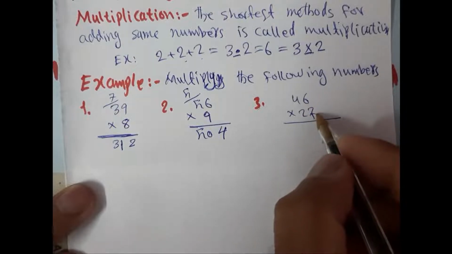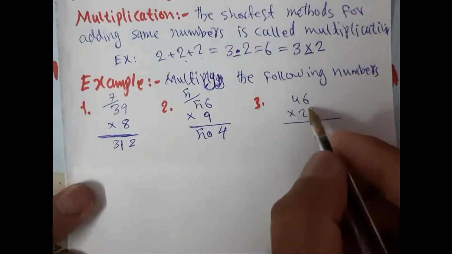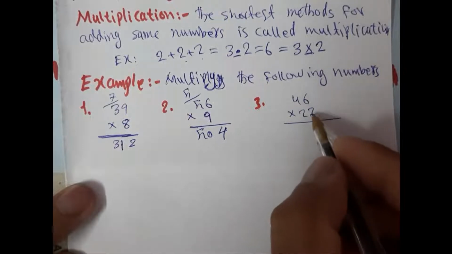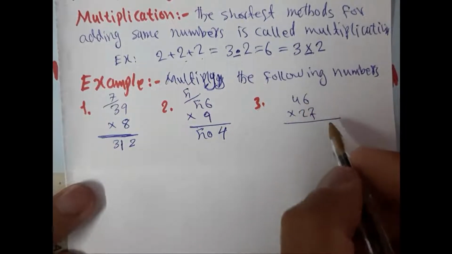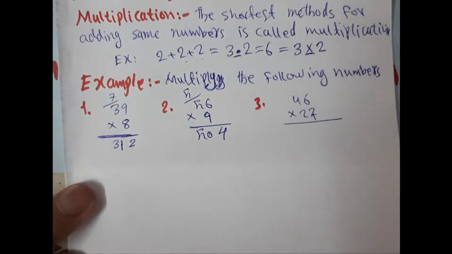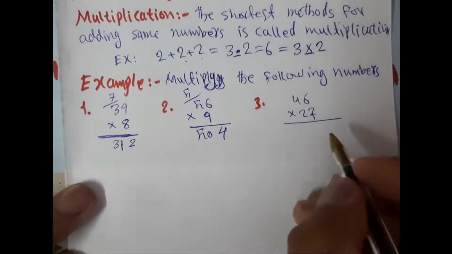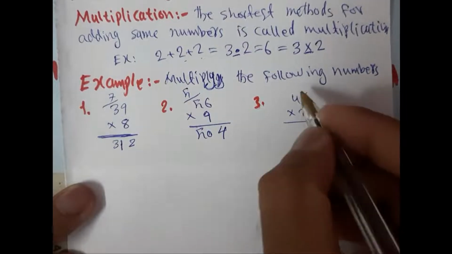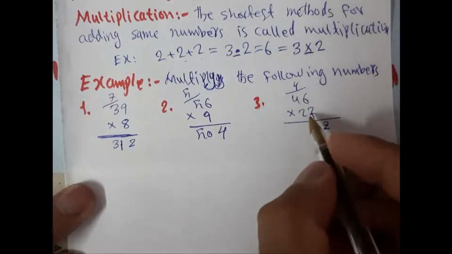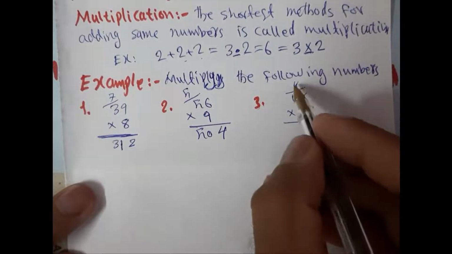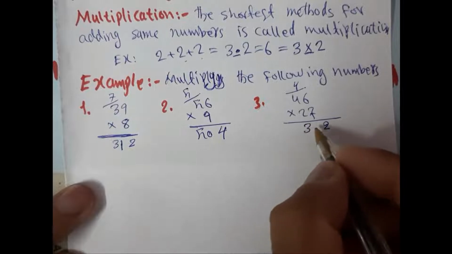First we multiply 7 by 46, then we multiply 2 by 46. 7 times 6 is equal to 42. We write 2, carry over 4. 7 by 4, 28. 28 plus 4, 32.